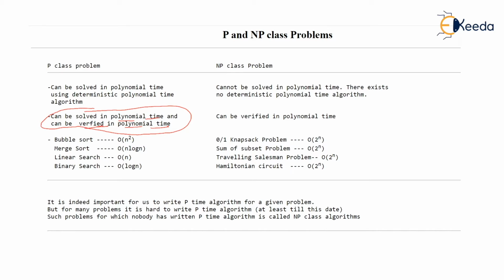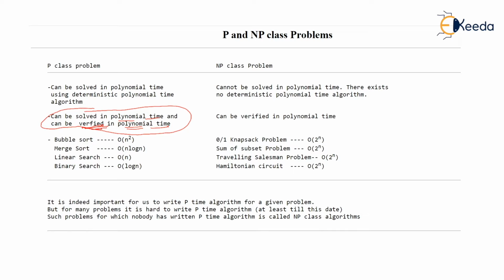Verified in polynomial time means suppose some solution is given and we want to know whether this is the solution for the given problem. Then we can check whether this solution is really the solution of the particular problem, which is called verification, or verifying whether the solution is really the solution of a given problem.